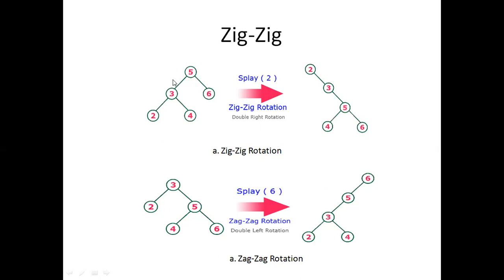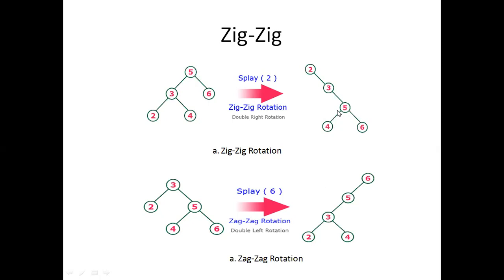In that case we first perform right operation on the grandparent node, and then right operation on the parent node. It means first we rotate this 5 to the right side, then we rotate this 3 to the right hand side. So after Zig-Zig operation, the splay tree looks like this.